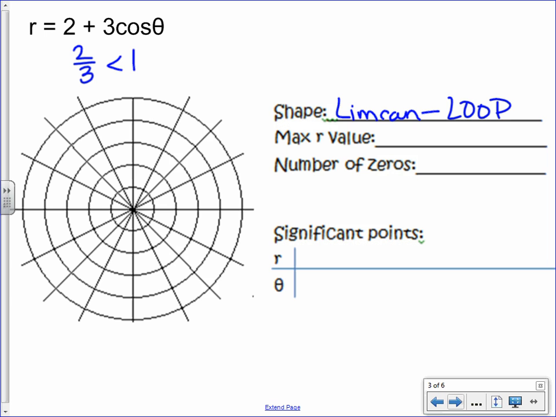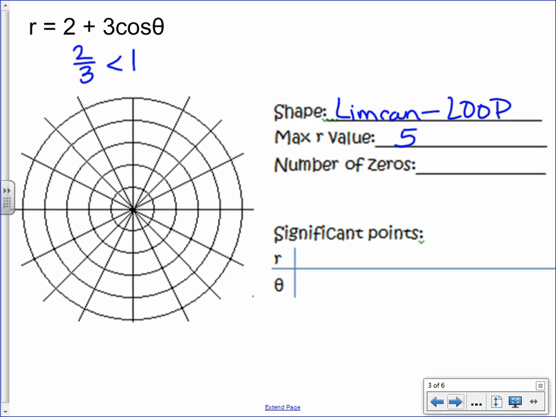A plus B. What is A plus B? 5. Okay? We will save the number of zeros for last. Okay? For this loop, the majority of our graph is going to be where? To the right. So we should have a loop where the majority of it is to the right.